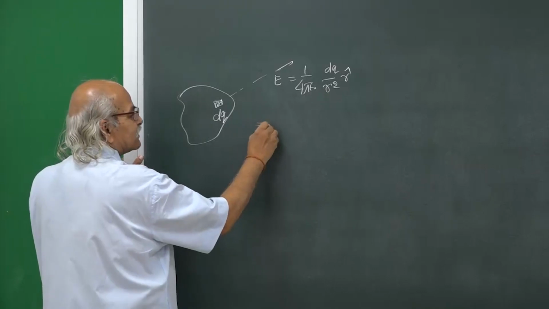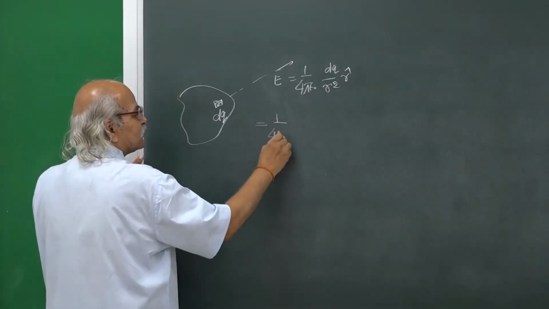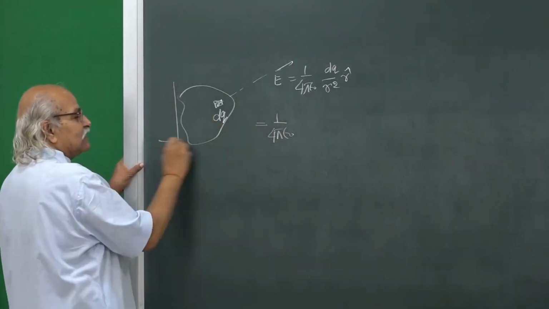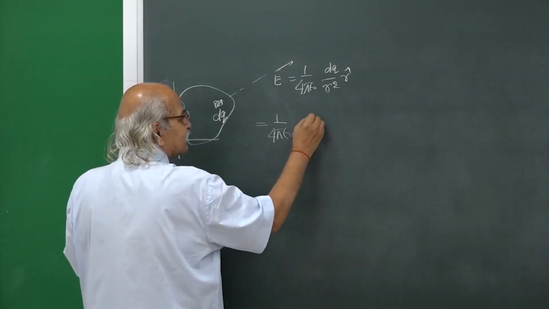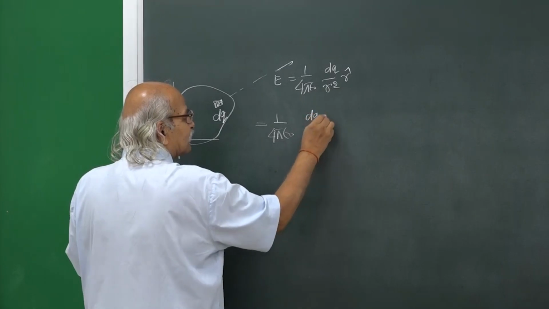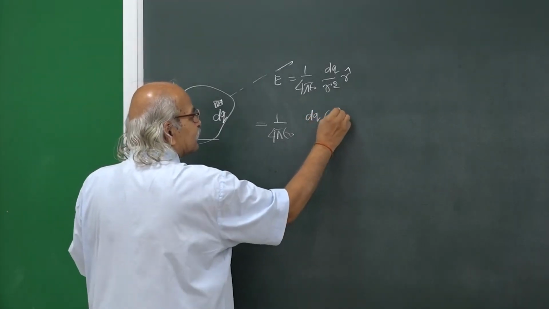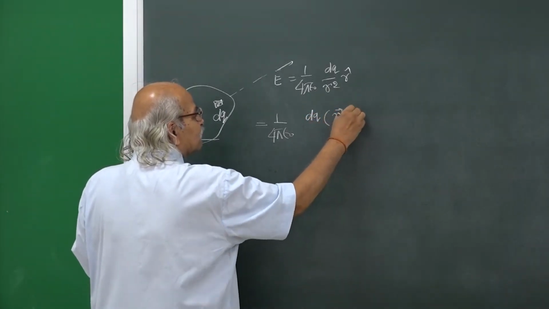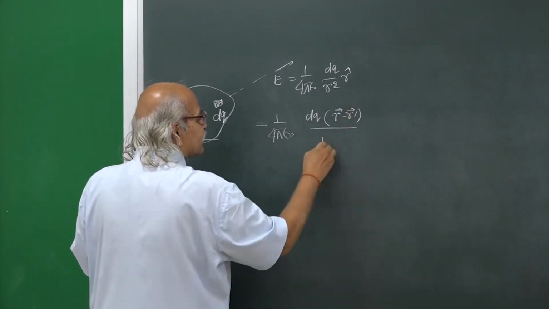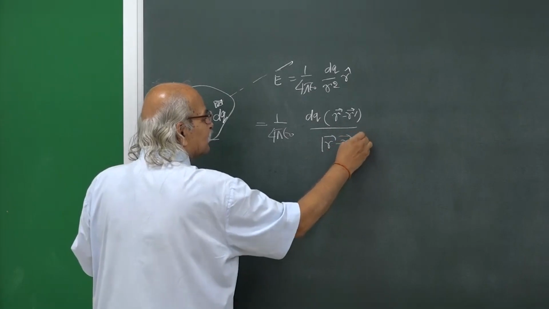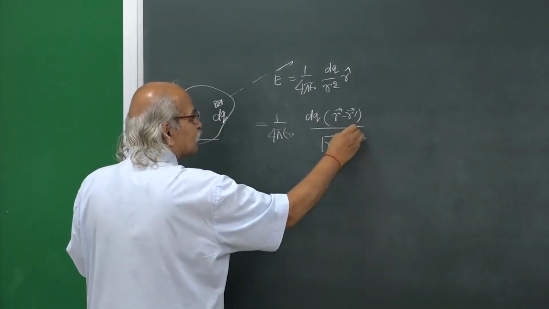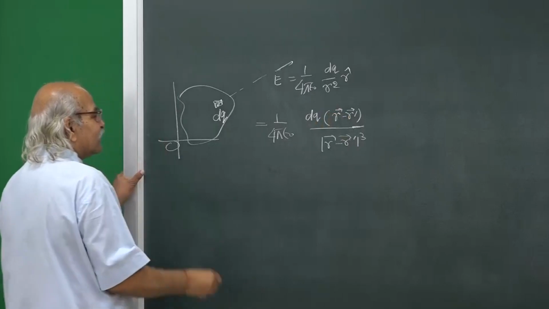Or you can write this as 1 over 4 pi epsilon naught. If you have origin and xyz axis, then you can write this as dq, this is a charge, and then r minus r prime vector, cube of that. So, this is how the direction is taken care of.